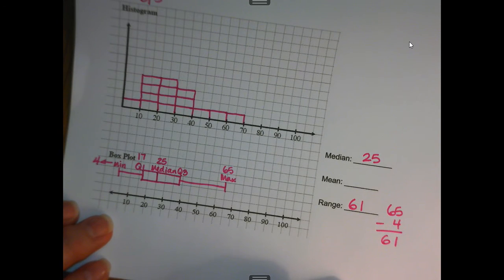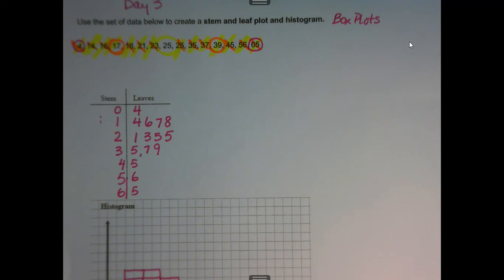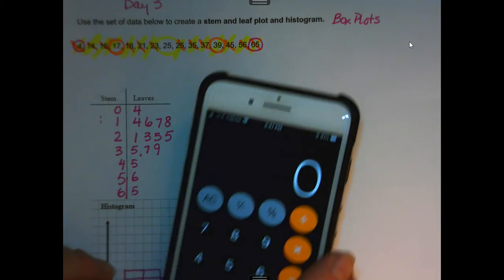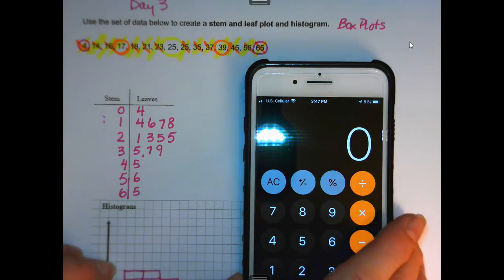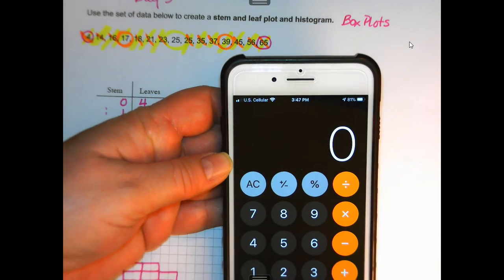Now to get the mean for this, we could also go ahead and add up all these numbers. And let's see if I can make my calculator work again. Let's see. Tilt this up so we don't have quite the glare.